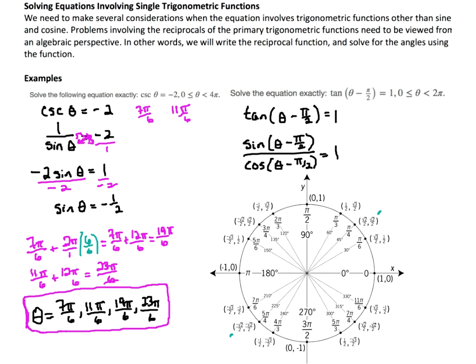So one thing that I need to do is say, okay, well, since I'm dealing with taking the tangent of theta minus pi over 2, let me write those two values down actually. We've got pi over 4 and we've got 5 pi over 4.